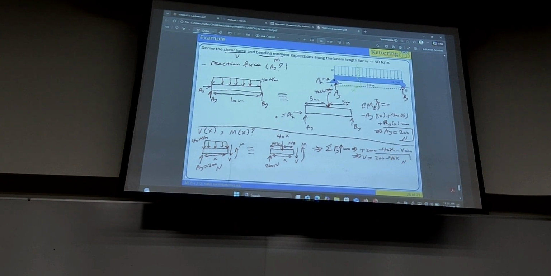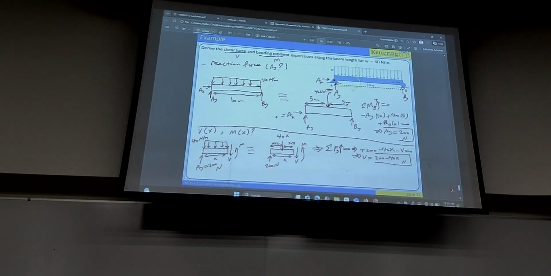All in Newtons because we work throughout in SI units, Newton for force. So we just solved for V in terms of x, so that is V of x.